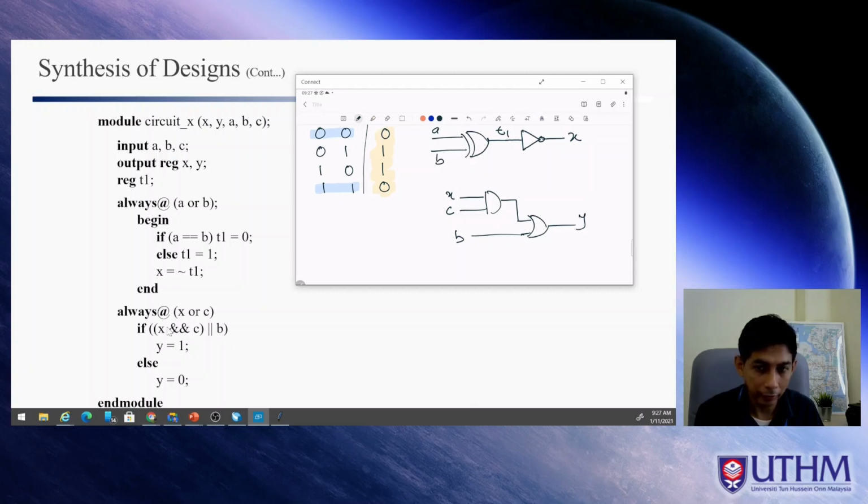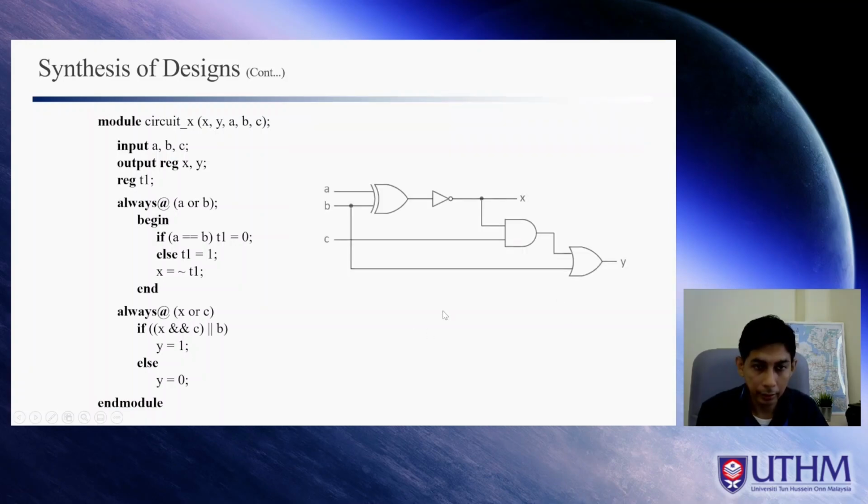Or you can have the truth table. Yeah, you can have a truth table and have a K-map, have the Boolean equation, and you will get this circuit also. And this is the same as the previous one, right? But now you describe using behavioral code or behavioral modeling, right? And for the synthesis of behavioral code, it is not that easy.